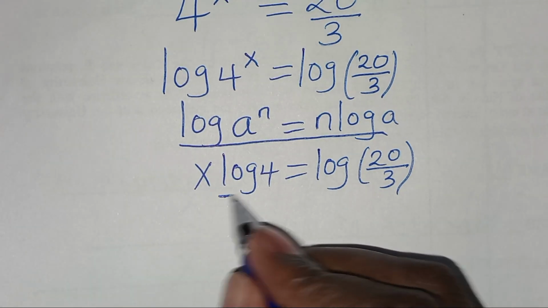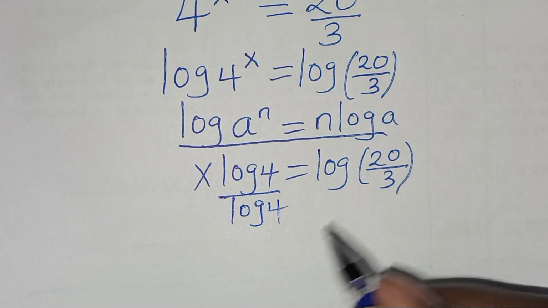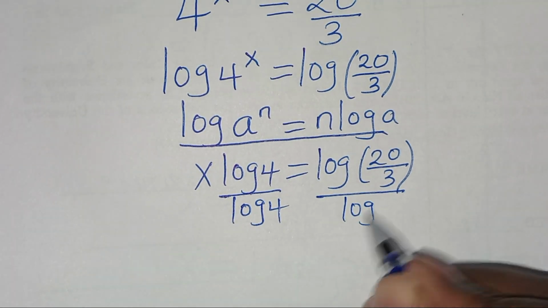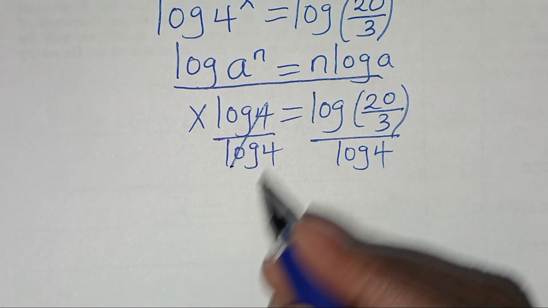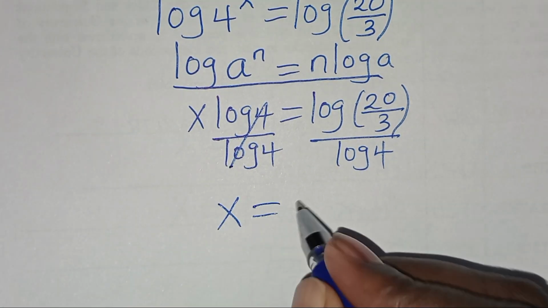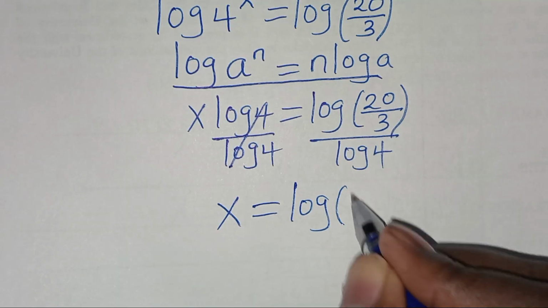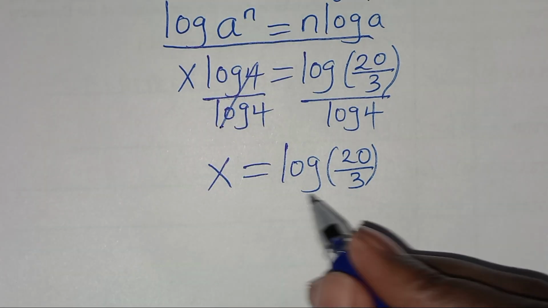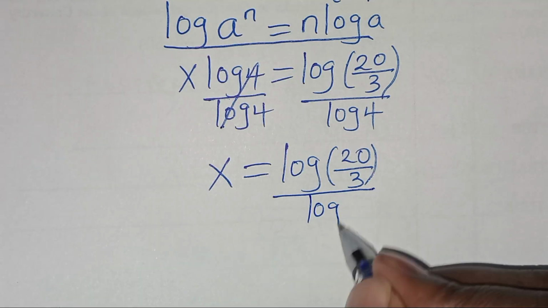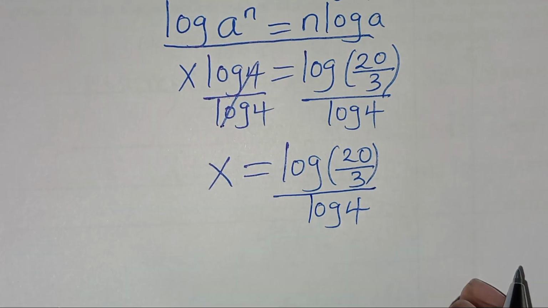So let's divide both sides by log 4. Let's simplify here, so that x is equal to log 20 over 3, all this divided by log 4.